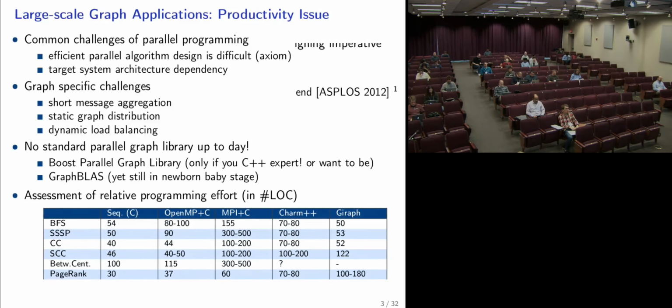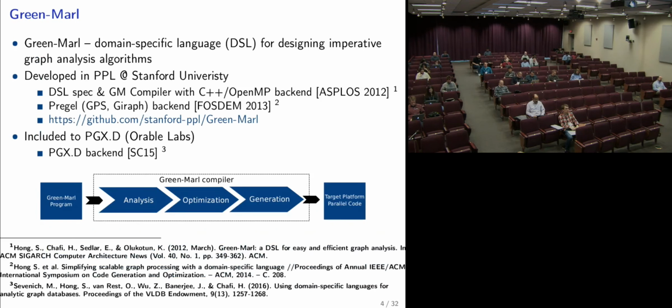So researchers from around the world have focused their attention on domain-specific languages, and at Stanford University one such language has been developed. It's called Green-Marl.